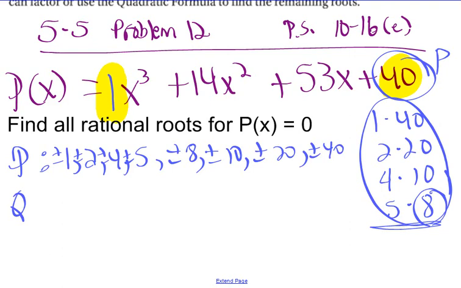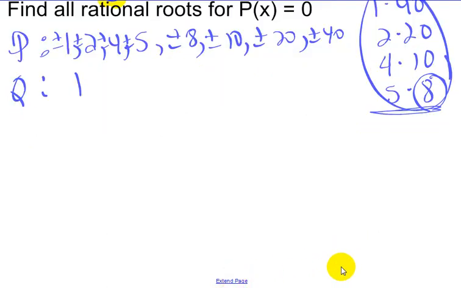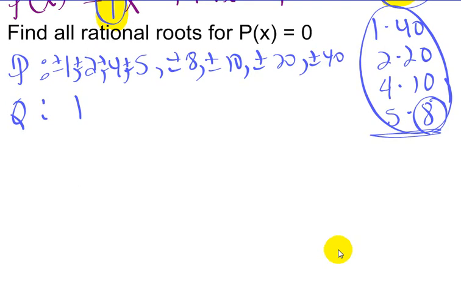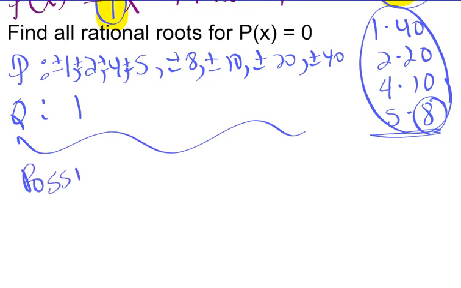There's all the factors of 40. Now, luckily, we just have a 1 for the coefficient of our q, so all we have to deal with is 1. So now we've got all of our possible p's and our q's, the factors. Now let's get all of our possible rational roots, which is p over q.